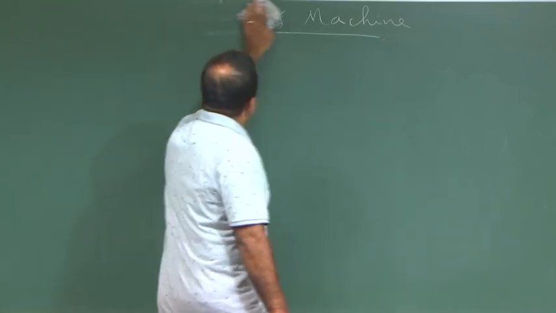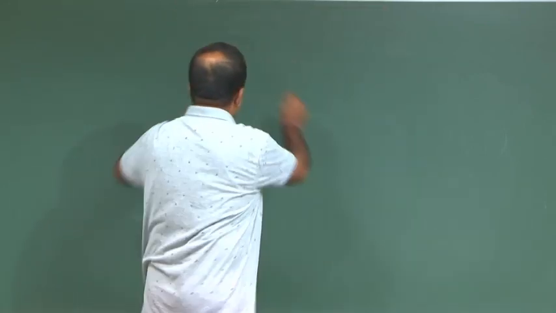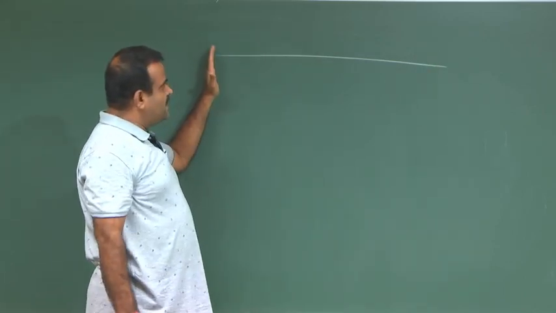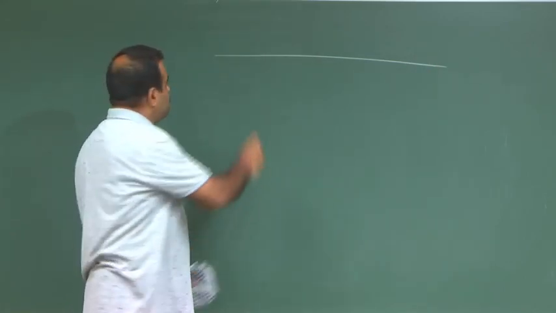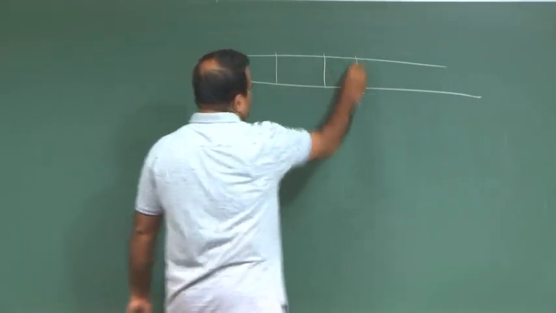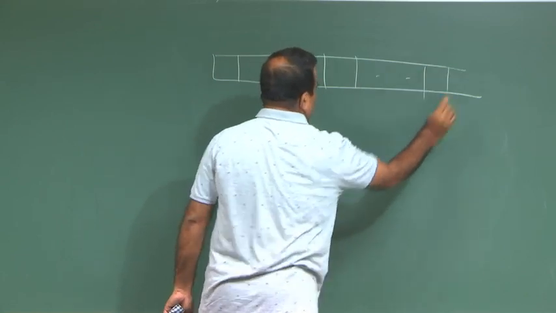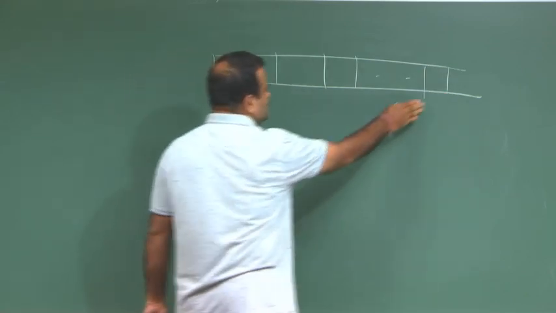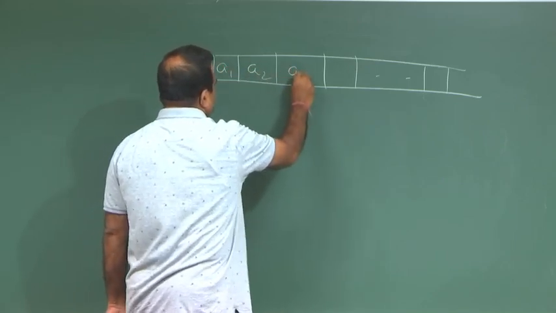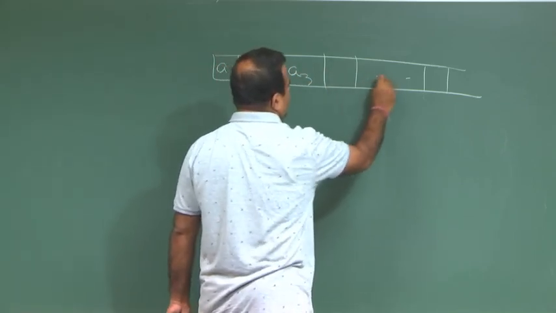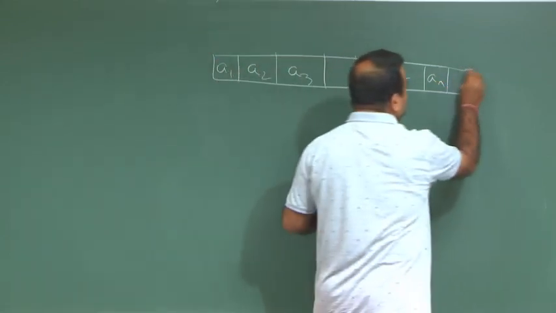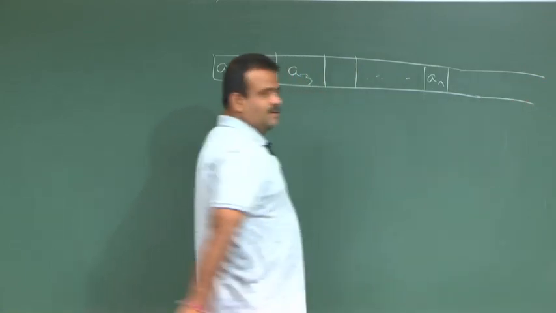So, a Turing machine is given a tape. It could be one-sided or both-sided, but we are defining one version of the Turing machine. We are given a tape which is initialized by an input of size n, A1 to An, and this tape is infinite in one end.